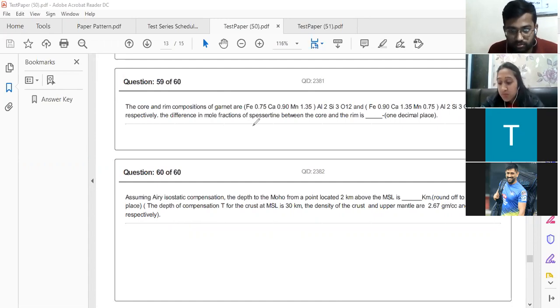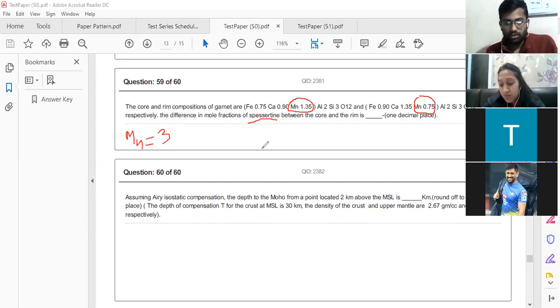As we need to calculate the difference in mole fractions of spessartine, we need to consider the Mn component only, because spessartine is manganese bearing garnet. So see here, in spessartine we get manganese. Total manganese 3, Mn3. In spessartine, you have 3 manganese.